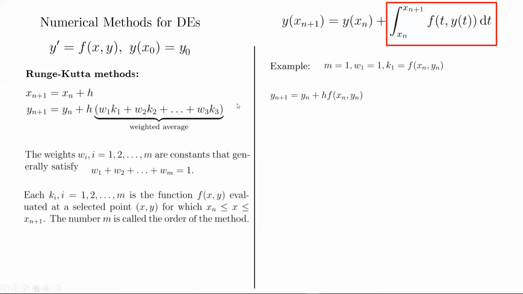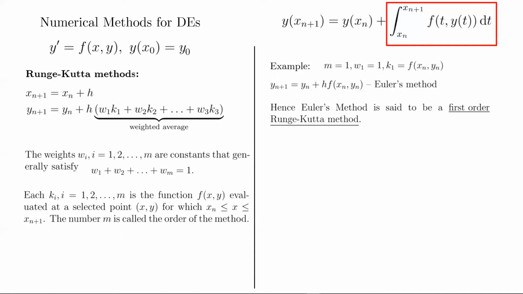You can see that this is exactly just Euler's method. So it turns out that Euler's method is just a first-order Runge-Kutta method. Well, what if we take m equals 2? So we take two terms here, so two weights and two k's. If we take the weights to be even, so w1 equals w2, which is just a half.